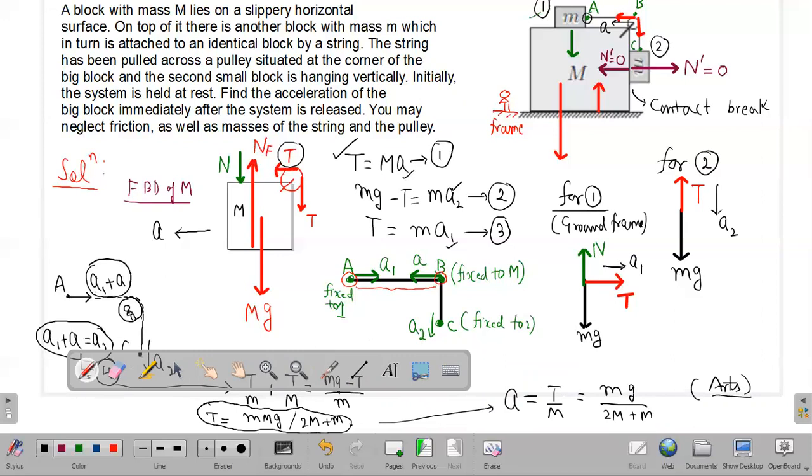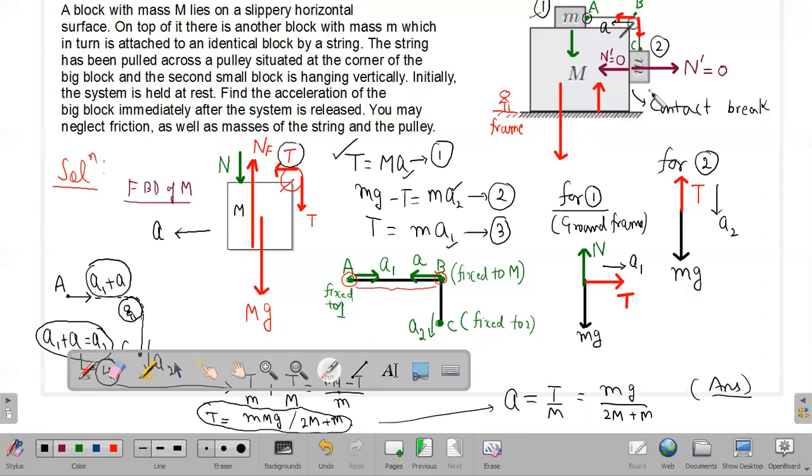The most important part during the working of this question is that we have to use the ground frame of reference, attached to the ground, and consider the motion of all 3 objects in that ground frame. Then we apply the concept of the constraint equation, which says that relative to this moving pulley, the acceleration with which the mass small m approaches the pulley and the acceleration with which the hanging mass separates from the pulley have to be equal in magnitude.